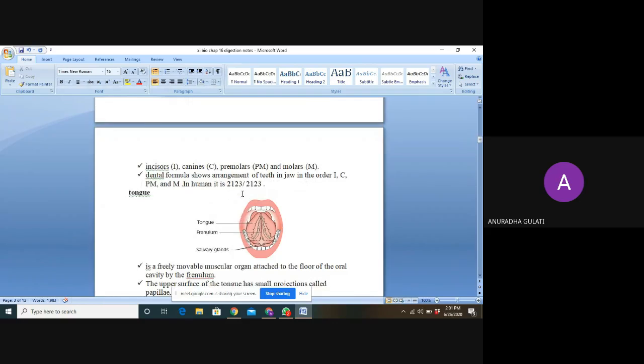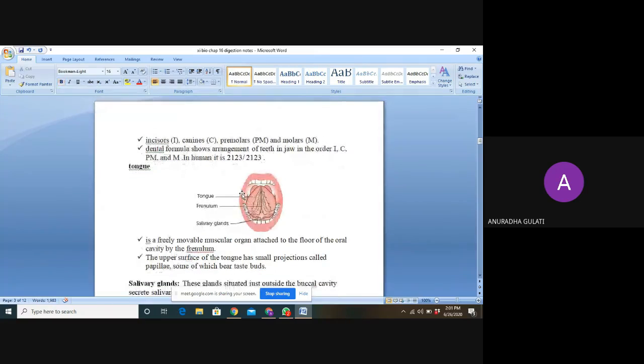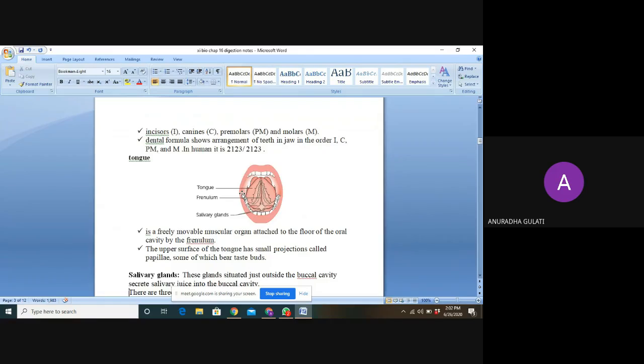In addition to this, we have the tongue in the mouth. The tongue is a freely movable muscular organ attached to the floor of the cavity by the frenulum. The upper part of the tongue also has certain papillae, some of which bear taste buds.